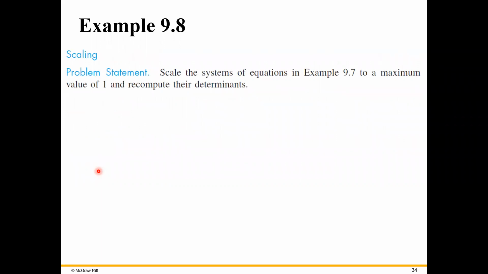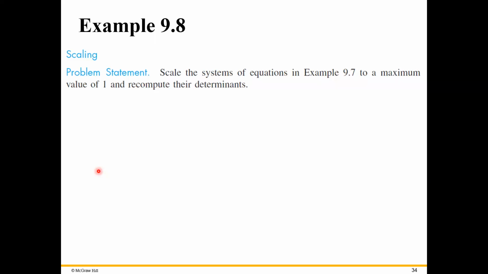Right. Next is example 9.8. So in this example, we want to see another effect. The task is to scale the system of equations 9.7 to a maximum value of 1 and recompute their determinant.